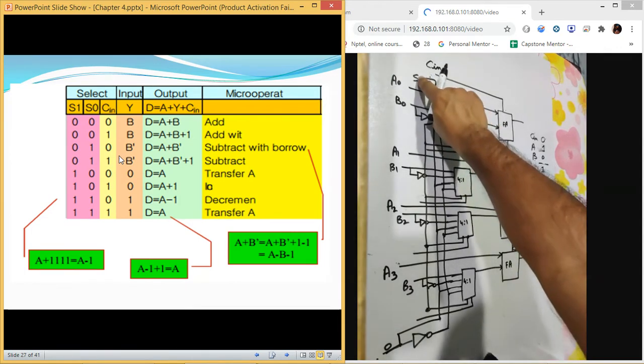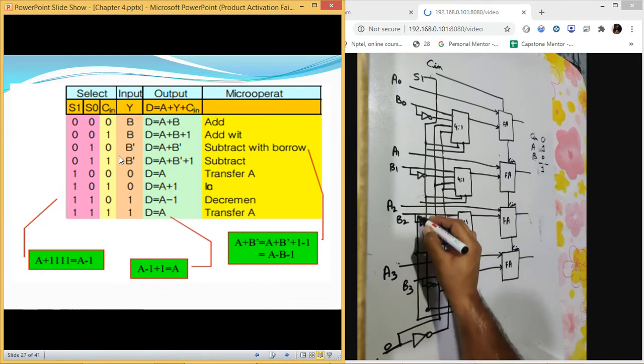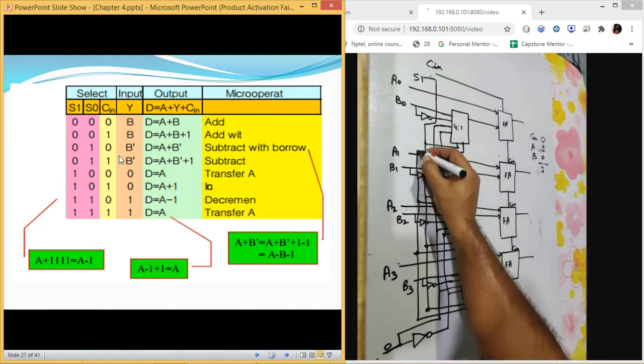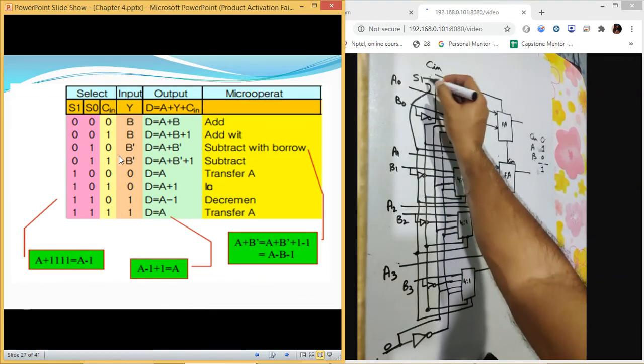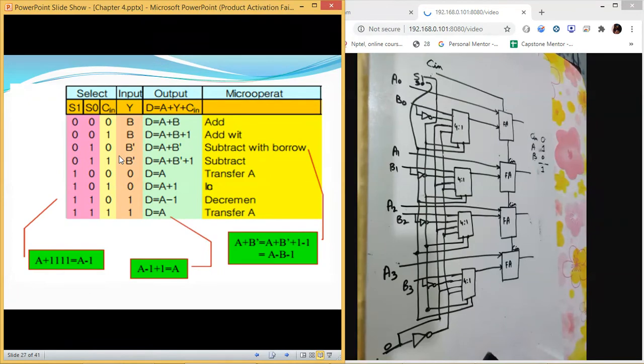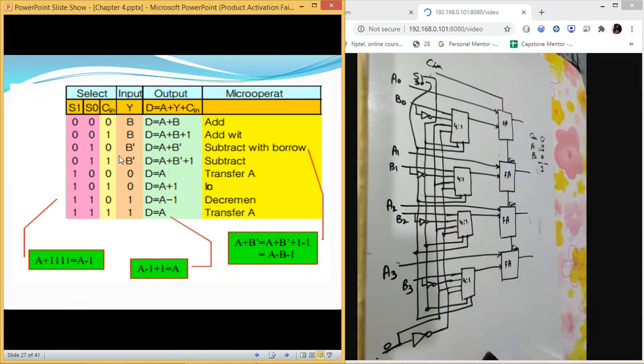If you want to write it as S1, it is up to you how you want to write. It is just to show you how the lines are connecting. S0, S1 and Cin. So this is your entire circuit.